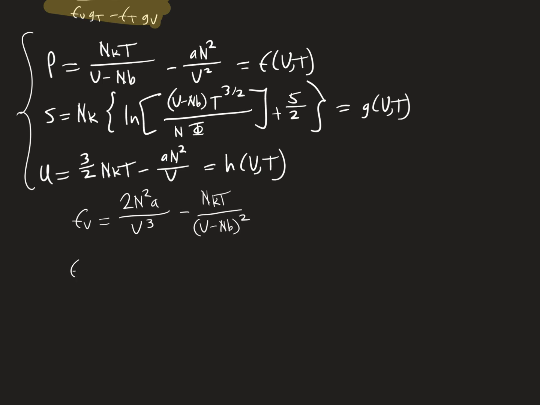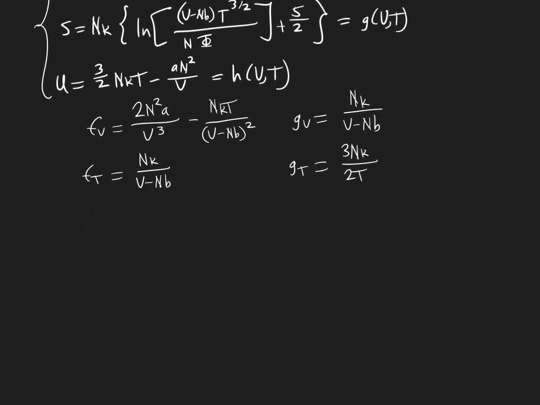And the expression for f_t will be nk divided by (v − nb). Now for g, we have g_v is equal to nk divided by (v − nb). And for g_t, we find 3nk divided by 2t.